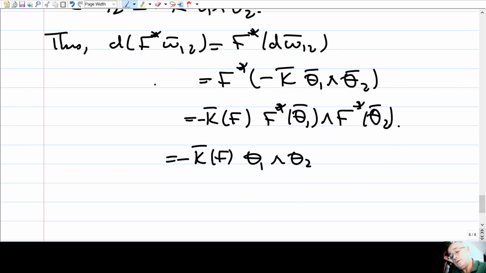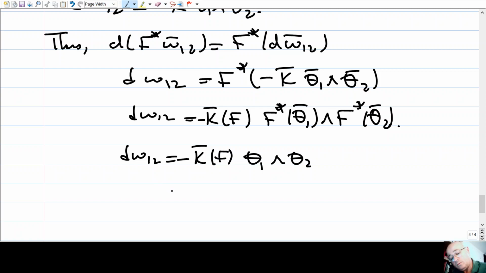But we know that this is just d omega 1 2, because F star omega 1 2 bar is this. However, d omega 1 2 is equal to what?